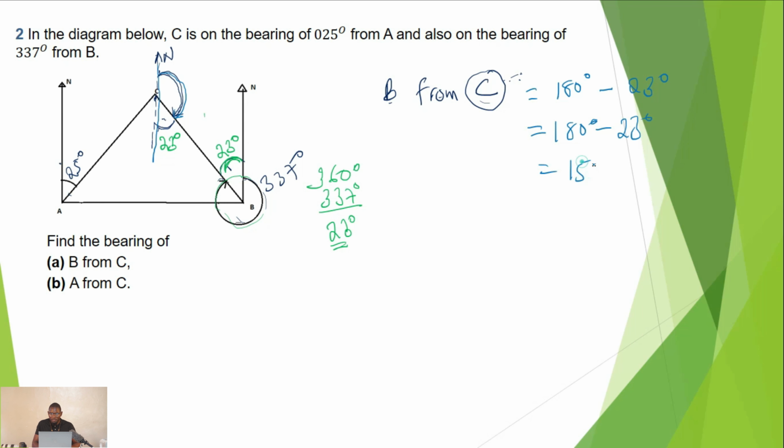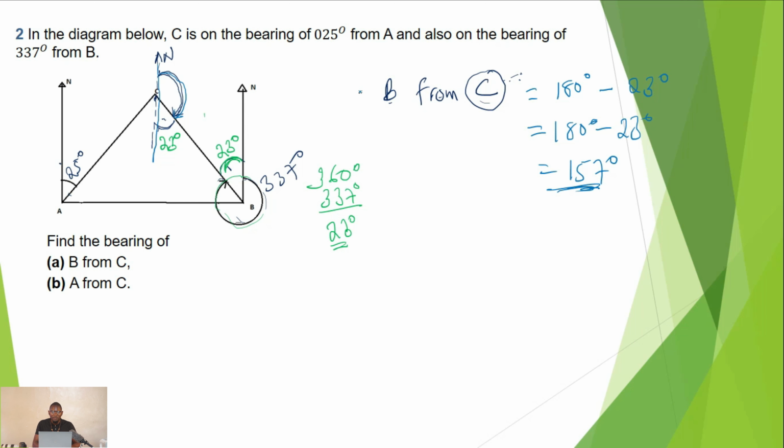We're going to have 157 degrees. Now remember, we said if the digit or the number is above 100, we don't have a problem because it's already in the 3 figure. So if it's less than 100, that's when you are supposed to add a 0. But when it's above 100, it's already in the 3 figure, so it's just like that. So that's our bearing of B from C.